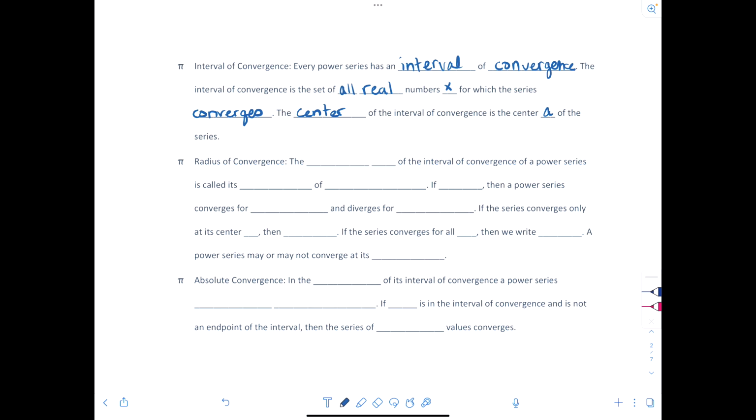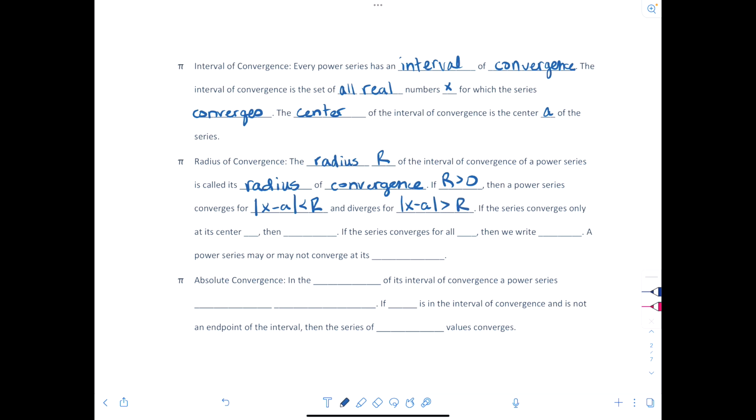Radius of convergence. The radius r of the interval of convergence of a power series is called its radius of convergence. If r is greater than 0, so it's positive, then a power series converges for absolute value of x minus a less than r, and diverges for absolute value of x minus a greater than r.